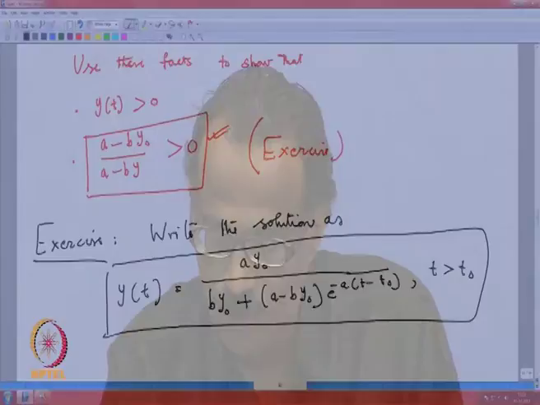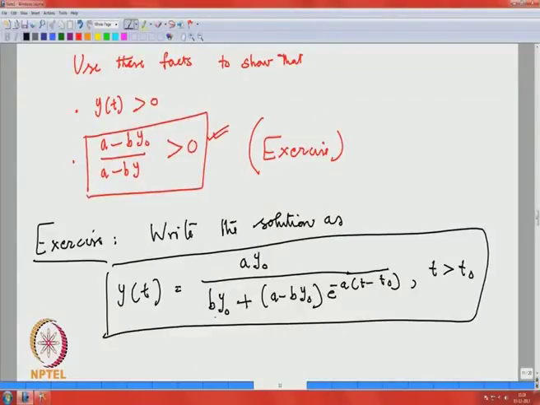One thing you can immediately see is that as t tends to infinity, this exponential term goes to 0. Then y naught and y naught cancel, and you see the limiting behavior: y t goes to a by b.